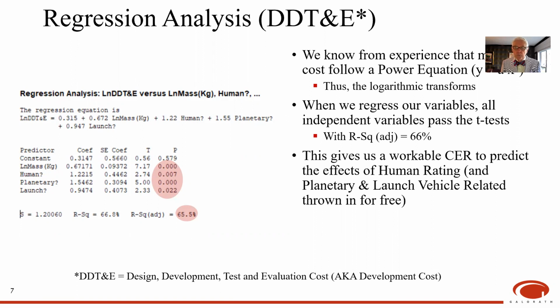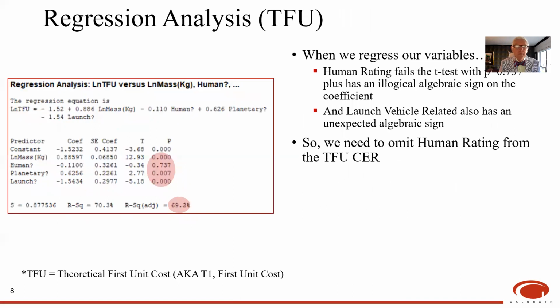And launch vehicle related is 0.022. So all those pass the t-test, and we get an overall adjusted R-squared of roughly 66%. So this gives us a workable CER to predict the effects of not only human rating, but we get planetary and launch vehicle related kind of thrown in for free, as we'll see in a few minutes, and we can develop some factors there.